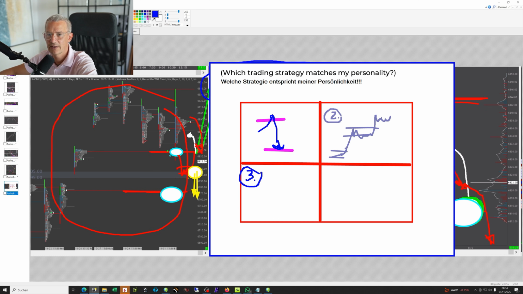There are people like that, who fundamentally question everything. And these people should definitely do one thing: they should engage in counter trading. And that means they need to be able to pre-select where a counter trade actually makes sense for them at the moment. And once they've made that selection, they can apply it accordingly for themselves.